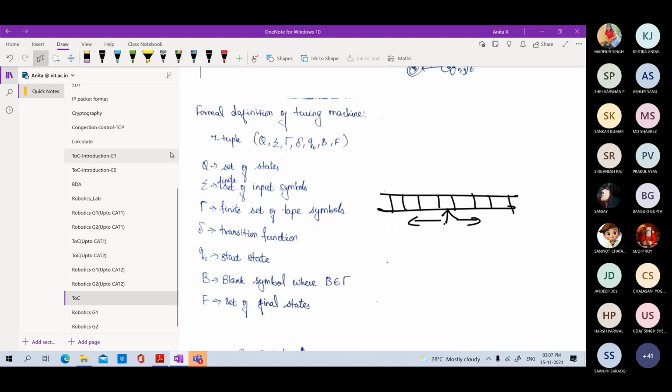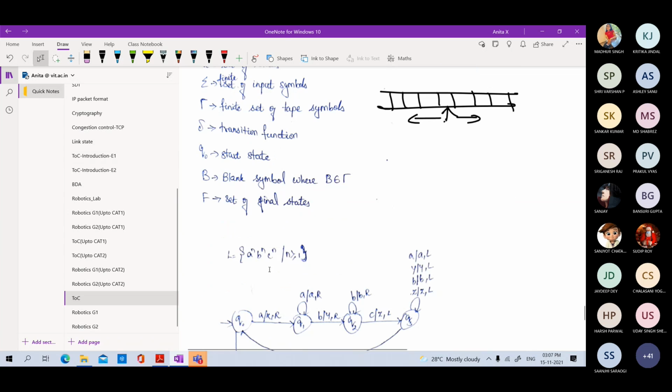Consider this particular sequence: A power n, B power n, C power n. Can we define a push-down automata for this one? Can you write a context-free grammar for this? A power n, B power n, C power n. All three should be in the same count.